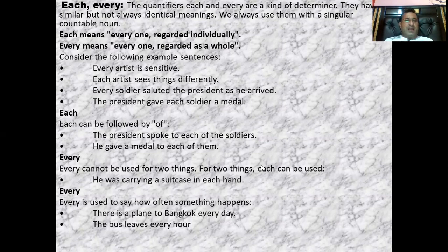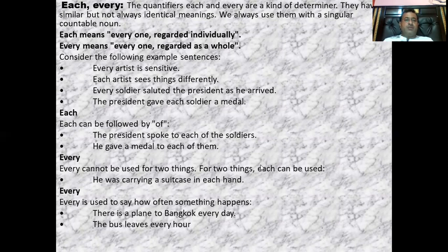But as a whole, every artist refers to the artist community. Every soldier saluted the president as he arrived. The president gave each soldier a medal. So each means everyone regarded as an individual, whereas every means everyone regarded as a whole.